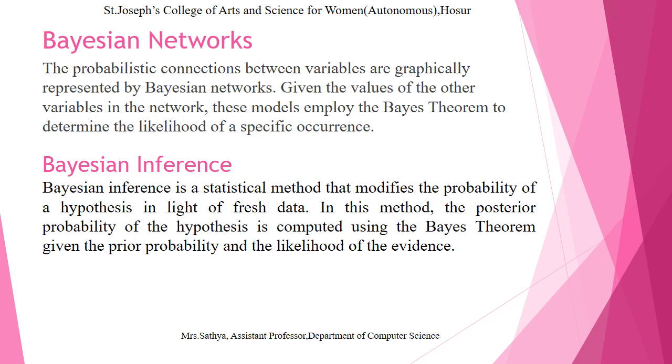The next one is Bayesian networks. Bayesian networks are graphical models that represent probabilistic relationships between variables. They use Bayes' theorem to compute conditional probabilities. For example, a disease implies symptom relationship can be modeled using a Bayesian network.